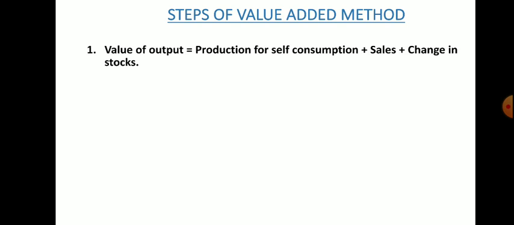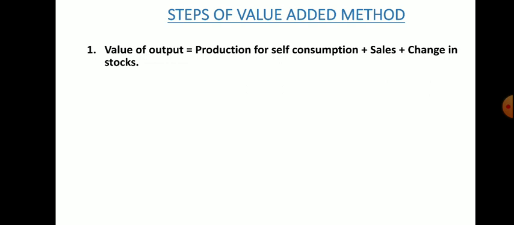So, first of all, we need to calculate the value of output. As I have discussed in the previous lesson, all the producers, be it any sector, it may be a farmer or a miller or an industrialist or any service sector owner, whoever the person is, whatever output that person has produced, we need to calculate the value of that output first.